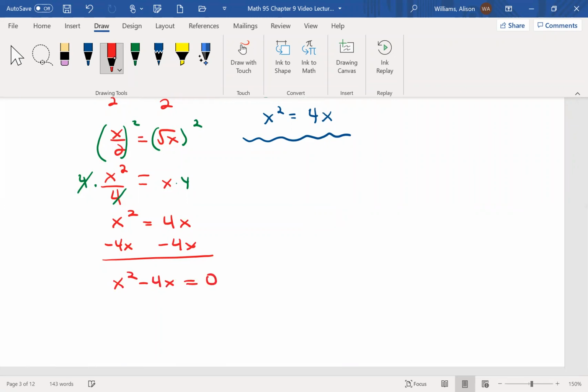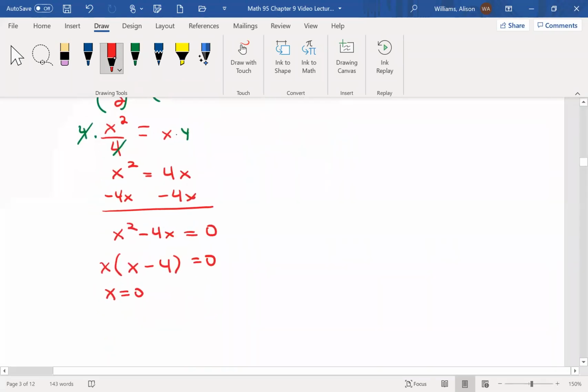Okay, so now I'm going to factor. And the only way I could factor this is GCF. There's a GCF of x. So that's going to leave me with x minus 4. Okay, so there's my two things to set equal to 0. x equals 0, and x minus 4 equals 0 gives me x equals 4.